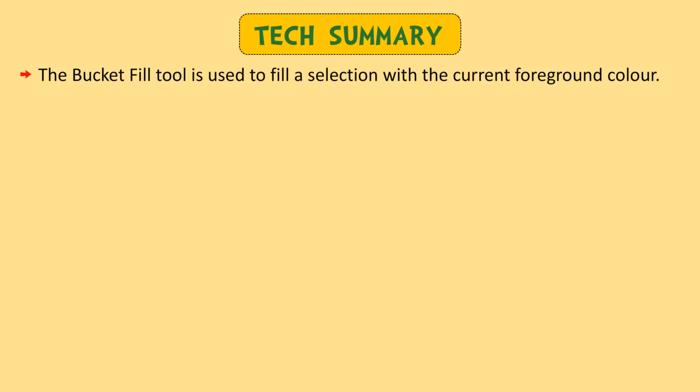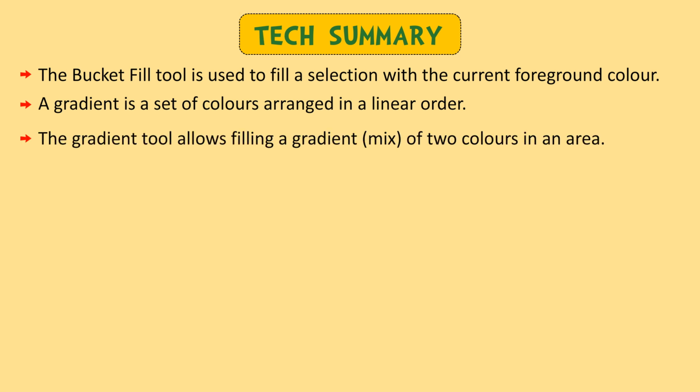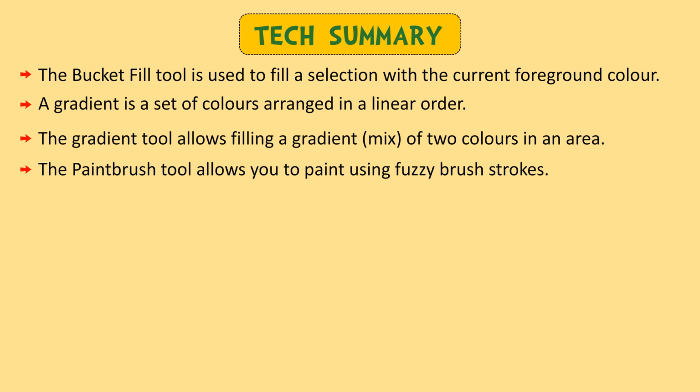Text summary. The Bucket Fill tool is used to fill a selection with the current foreground color. A gradient is a set of colors arranged in a linear order. The Gradient tool allows filling a gradient mix of two colors in an area. The Paintbrush tool allows you to paint using fuzzy brush strokes.